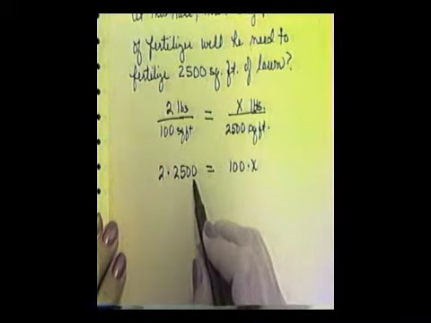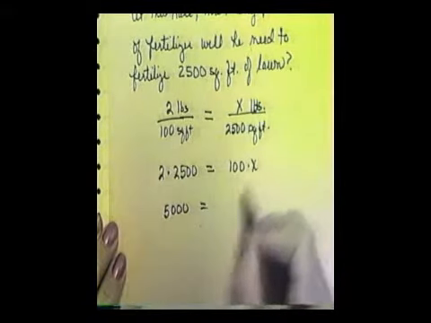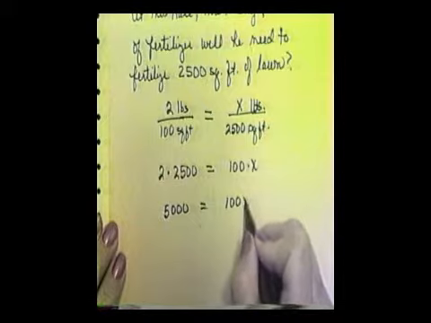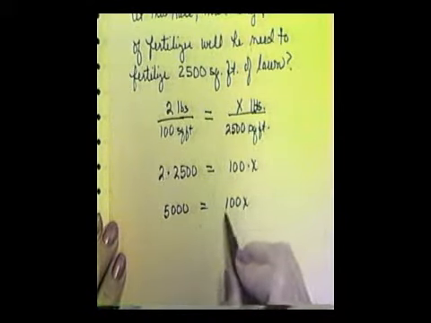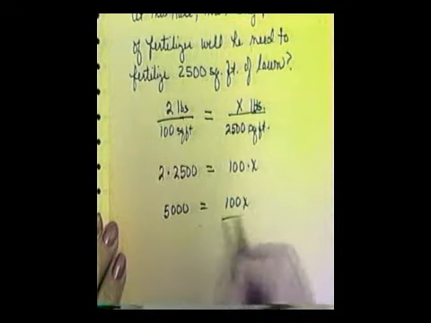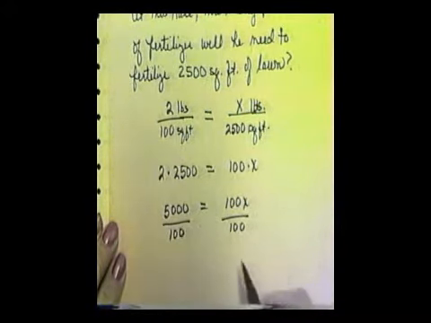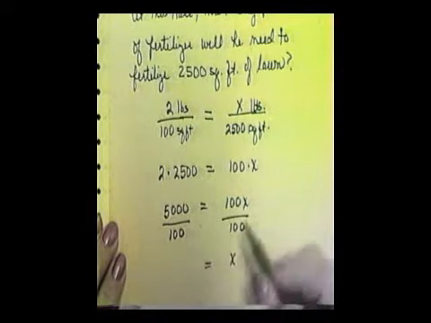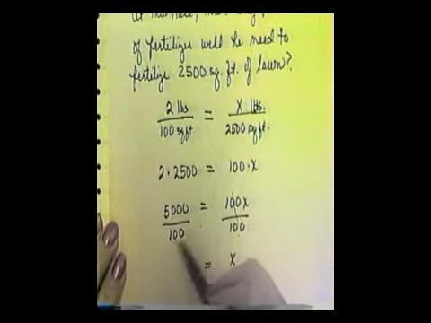Now 2 times 2,500 is 5,000, and that is just 100x. Now to solve this, we need to divide both sides by the number with x, so we're going to divide both sides by 100, and x turns out to be, the 100s cancel, 5,000 divided by 100 gives us what? 50?